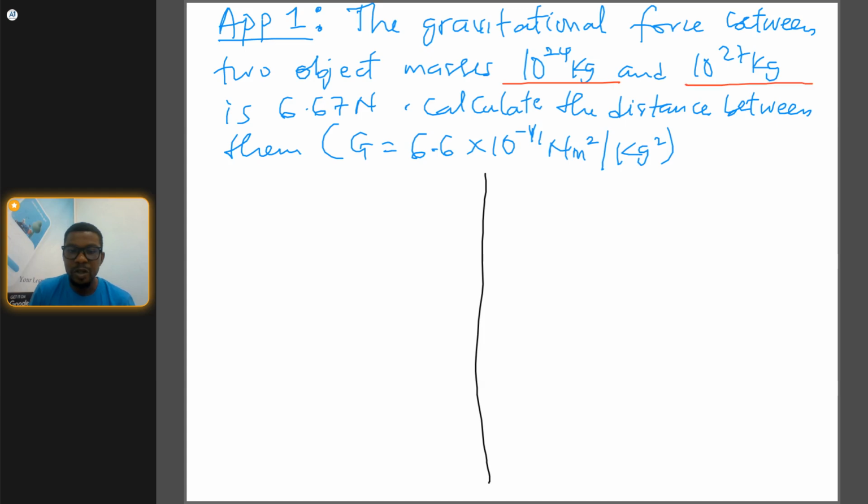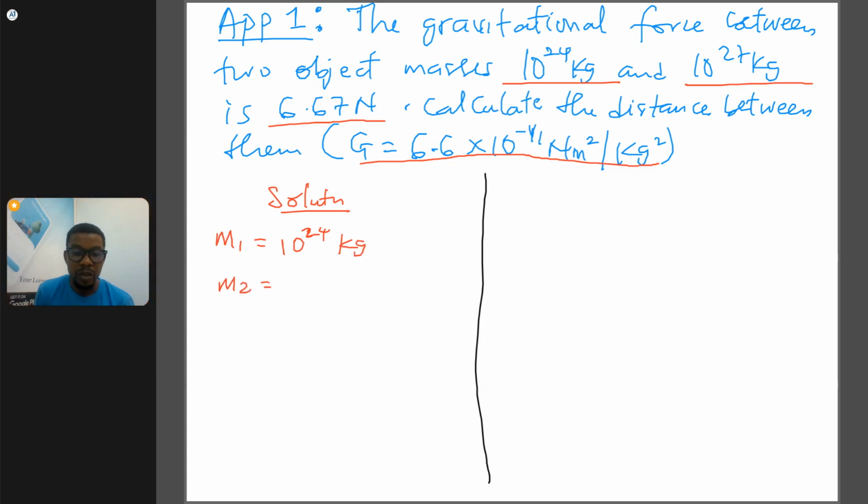We are also given the force between those two masses. And what else again are we given? We are given G, which is the gravitational constant. So we have to write it out. Solution. Write M1, which is the first mass, 10 raised to power 24 kilogram.